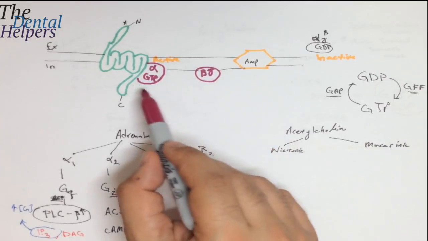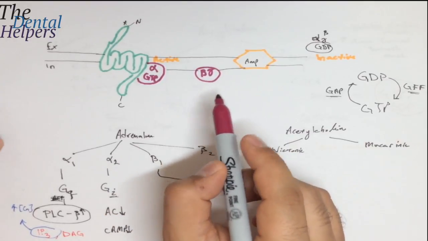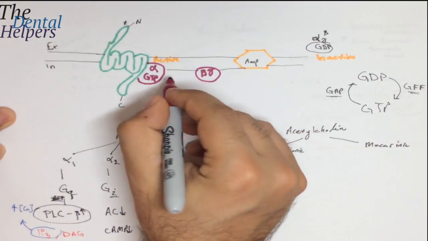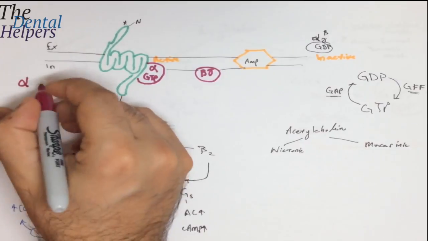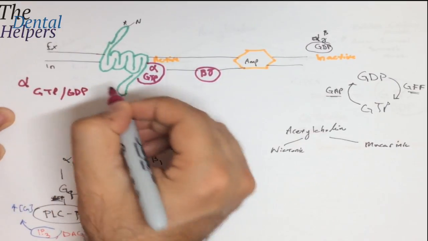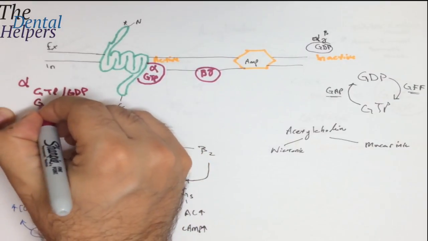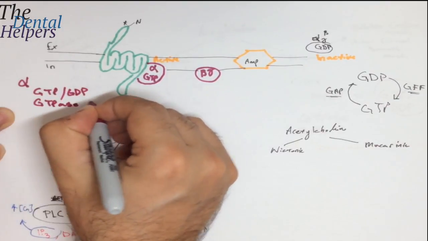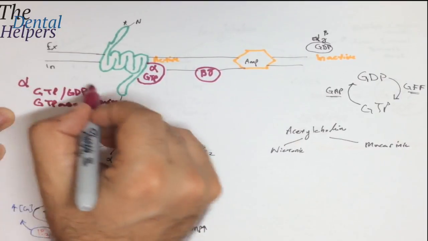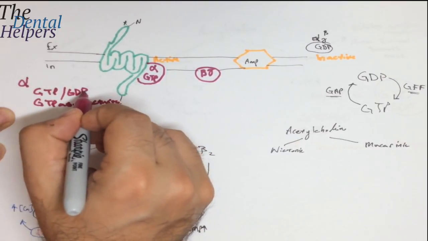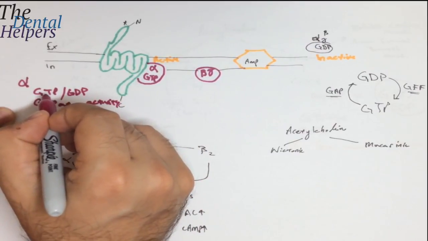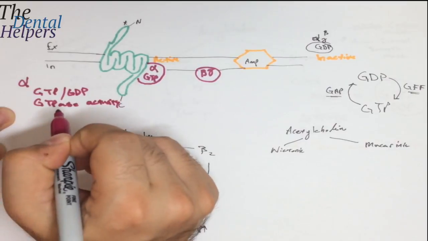And now the signal is activated. If we look at the alpha subunit, it has the GTP/GDP binding site. It's going to have GTPase activity. If you think about it, if you're going to have something binding GTP/GDP, you have to have a GTPase to control whether you're going to be in the active or inactive form.